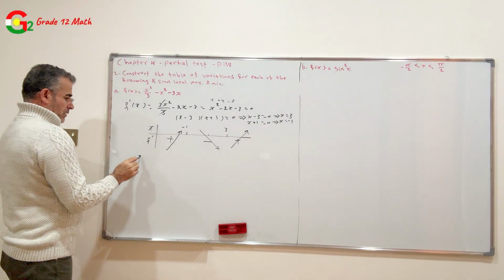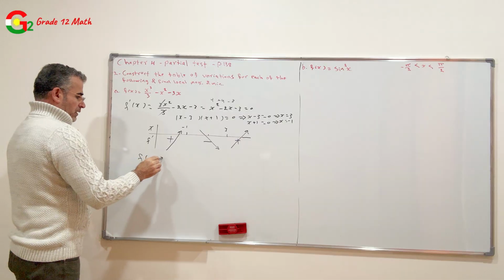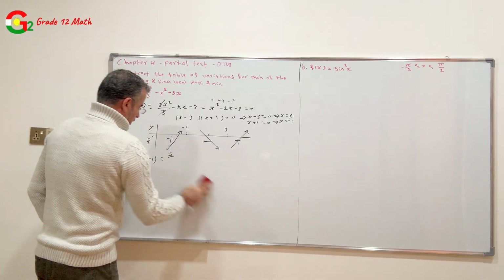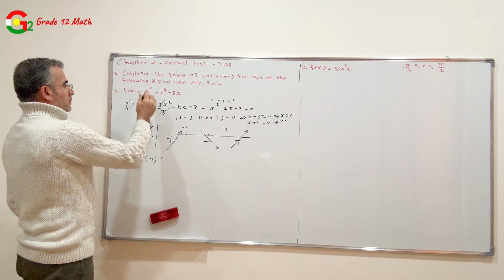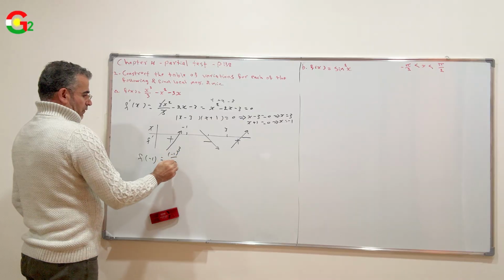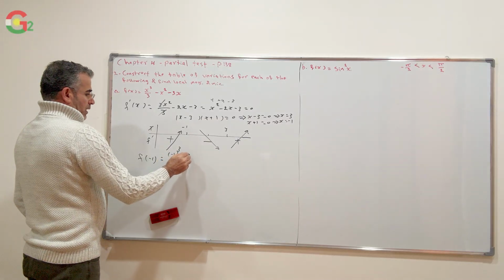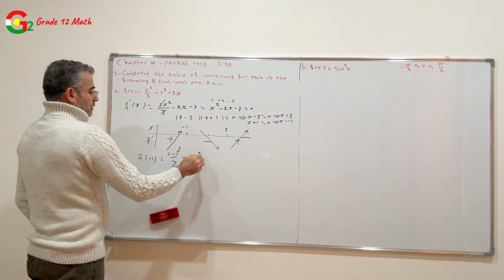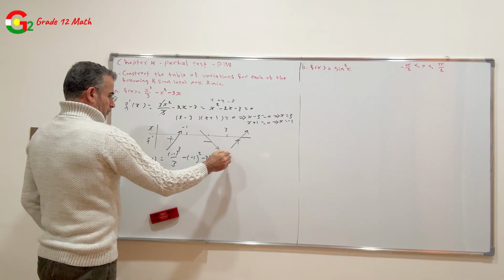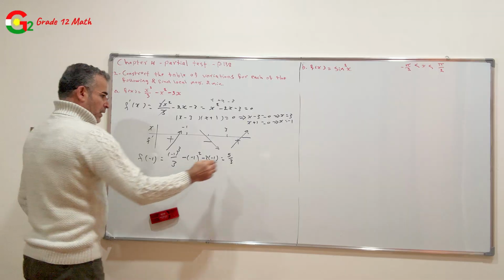Therefore, f of negative 1 equals negative 1 cubed over 3 minus negative 1 squared minus 3 times negative 1, equal to 5 over 3.